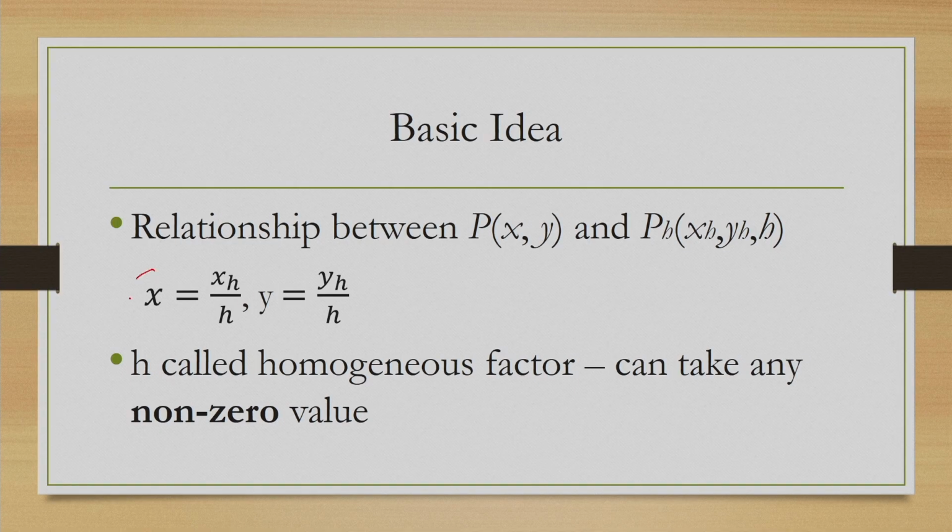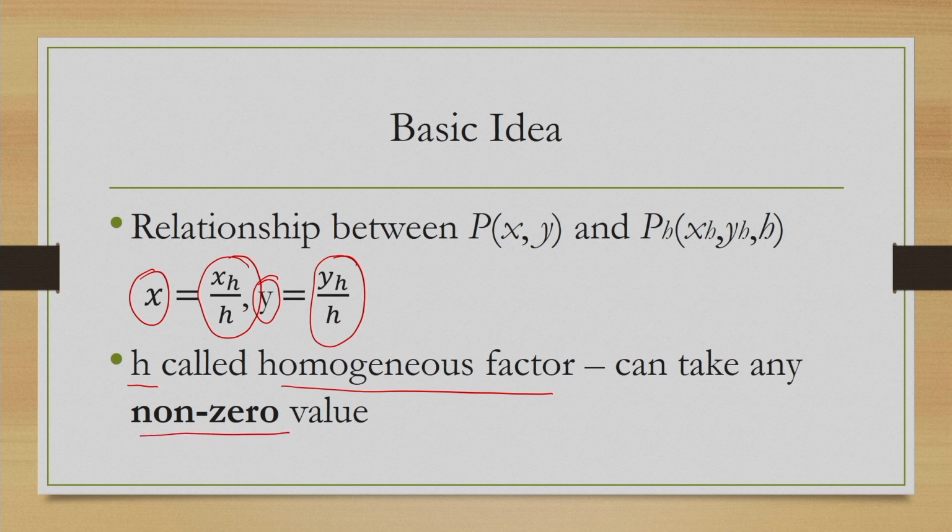The original coordinate x is equal to the x coordinate in the homogeneous coordinate system divided by h, which is the third coordinate value, and the original coordinate y is equal to yh divided by h. H is called the homogeneous factor, and it is important to note that it can take any non-zero value. It must be a non-zero value.